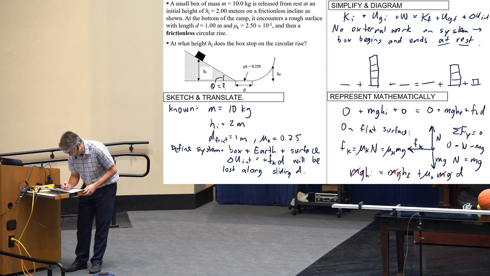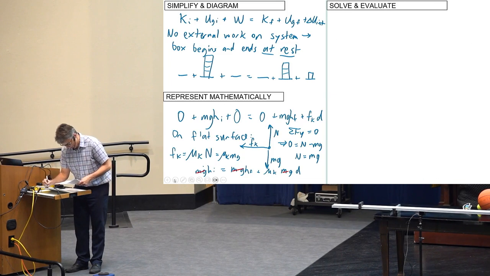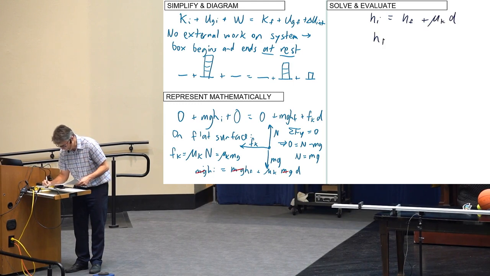So even gravity doesn't matter, which is weird. So I think I'm just left with h initial equals h final plus mu sub k times d. So we're finding h final is equal to h initial minus mu sub k times d.